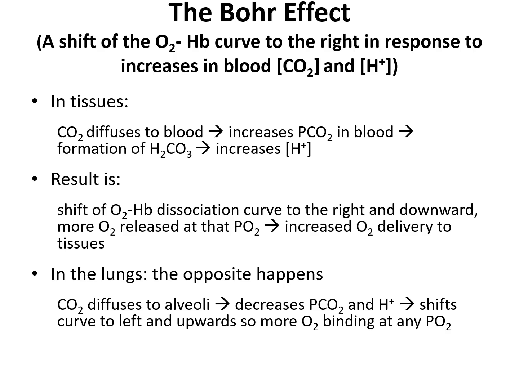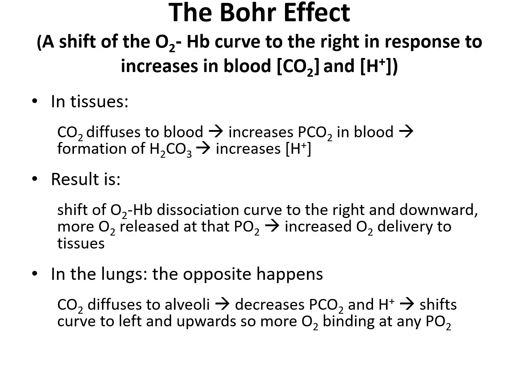When CO2 is produced, it diffuses to the blood, and this increases the pCO2 in the blood, the partial pressure of carbon dioxide. As a result, there is formation, by combination of CO2 and water, of carbonic acid, H2CO3, which then dissociates to give H+ and HCO3-, bicarbonate and hydrogen ion.